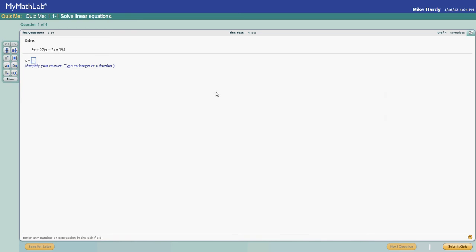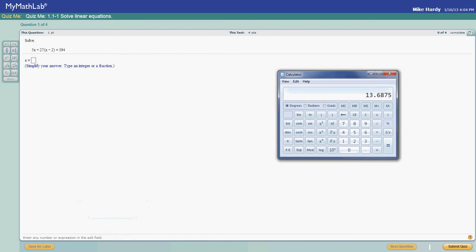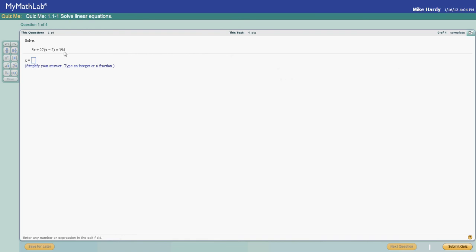It says simplify your answer, type an integer or a fraction. Oh shoot, so we don't want the calculator version of that. We want 438 over 32. I'll just enter it. It'll probably be wrong to have it unsimplified. And you go to the next question.